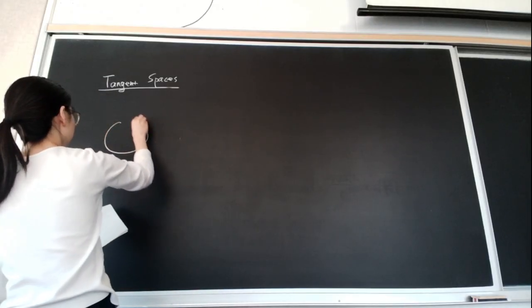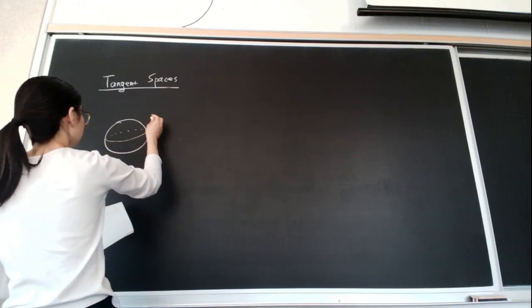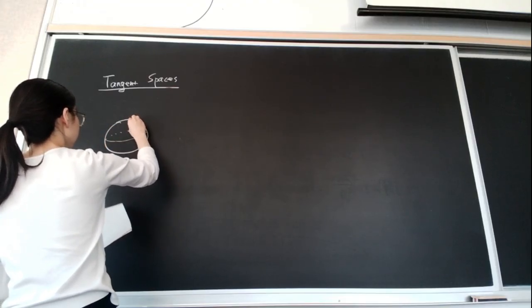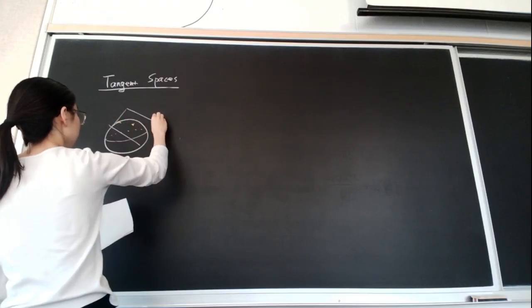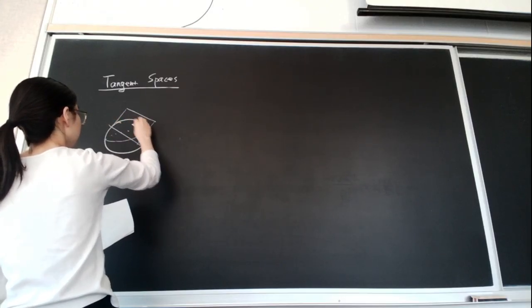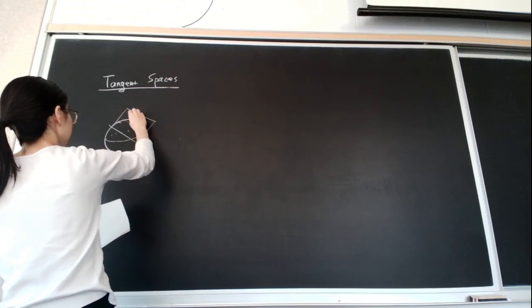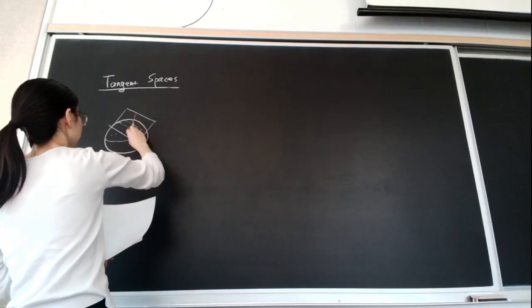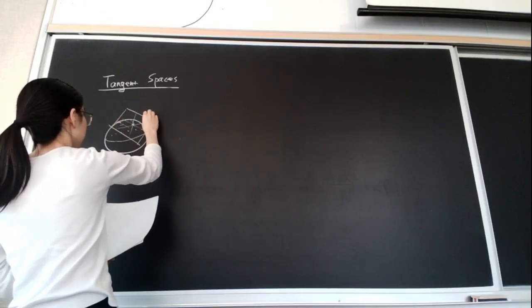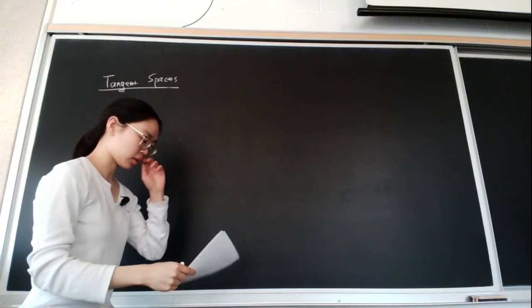Okay. So let's say you have a sphere. Like this is sort of what we imagine a tangent space to look like.